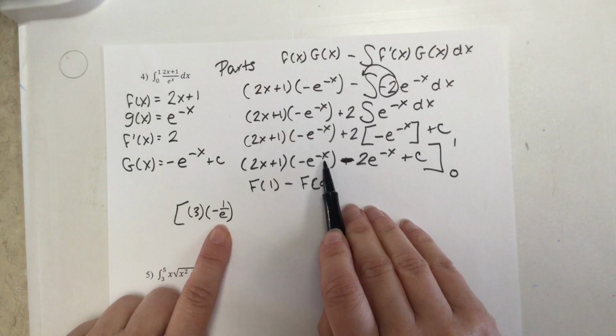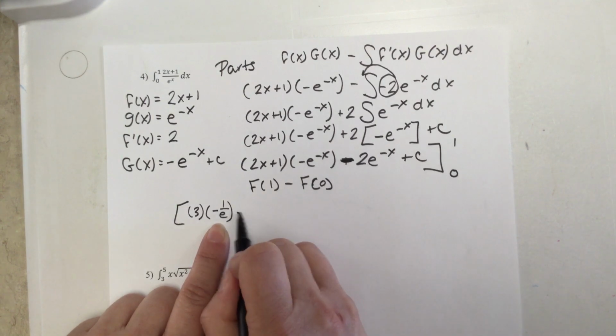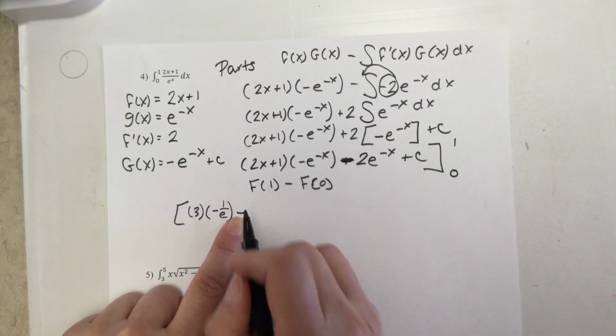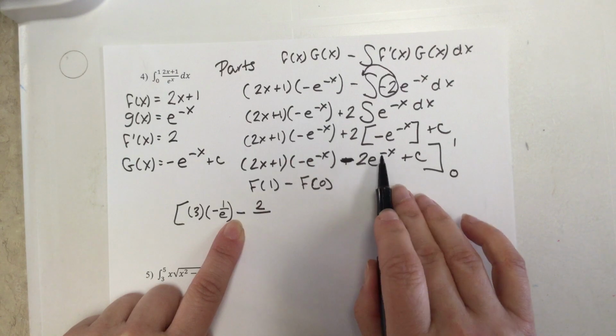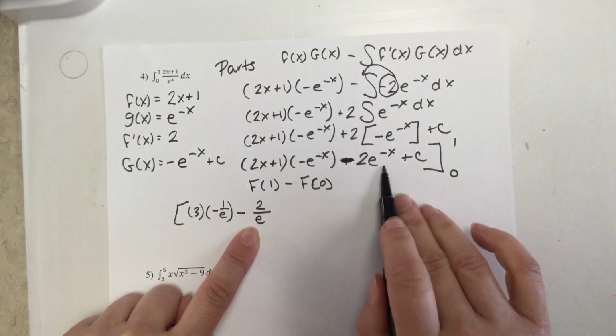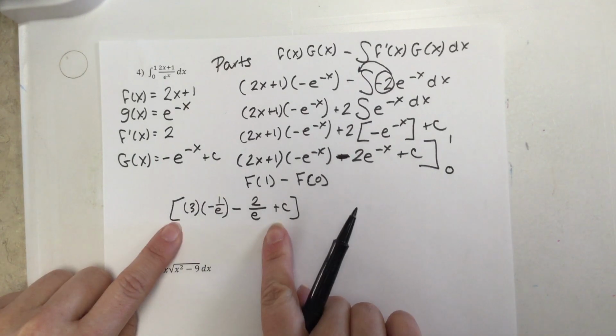Because if I put in a 1, that means that it's negative, it's on the bottom, there would be 1 e on the bottom. Minus, I'm still putting in a 1. So this would be 2 over, if I put a 1 in here, e to the negative first power means I have 1 e on the bottom, plus c. Okay, so that would be my first piece.